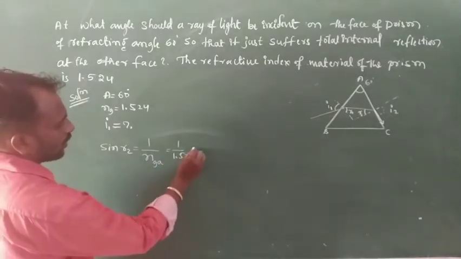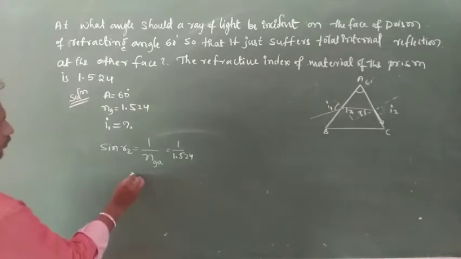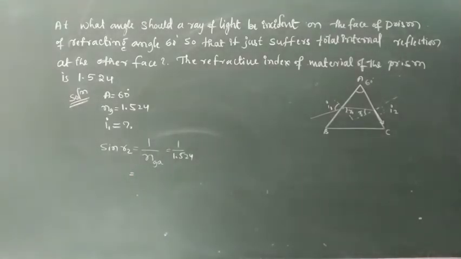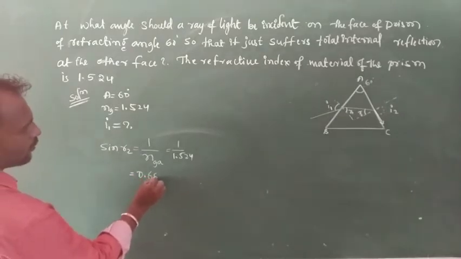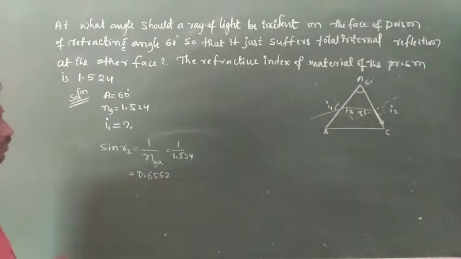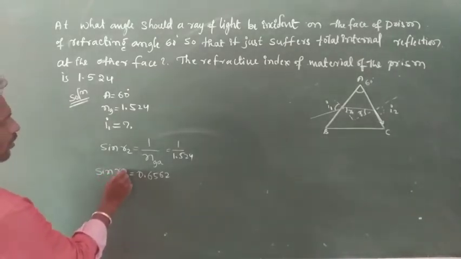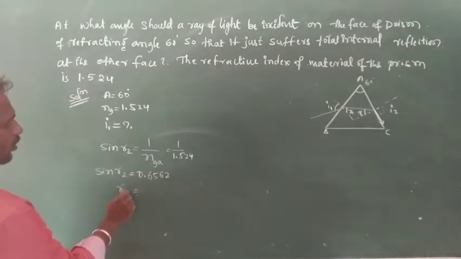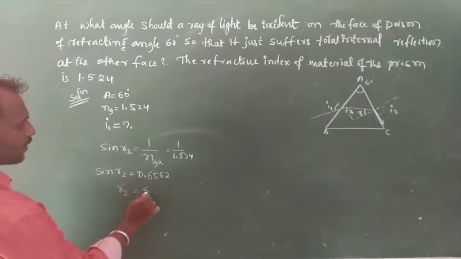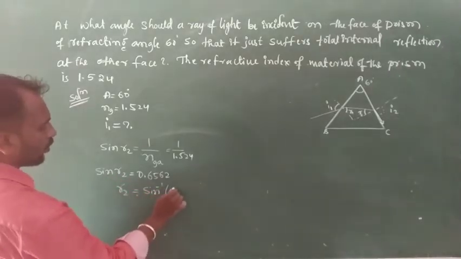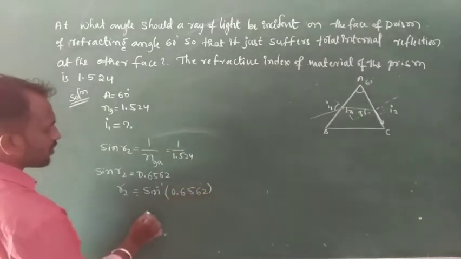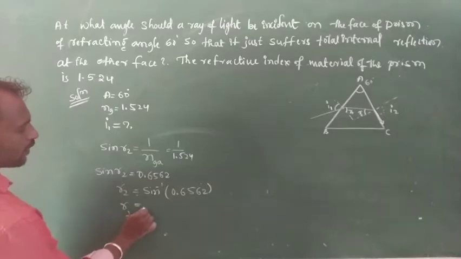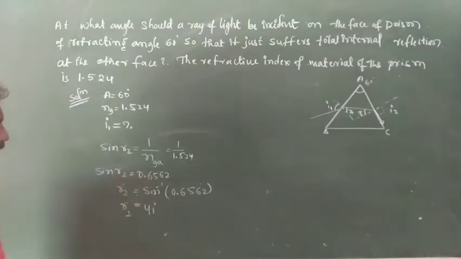It means here we get 0.6562. So sin R2 is 0.6562. Okay, so we want the R2 value, so sin inverse of 0.6562. It means here we get R2 value is 41 degree.